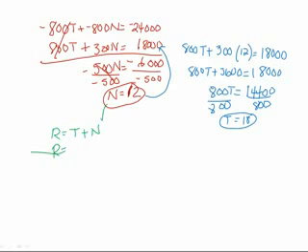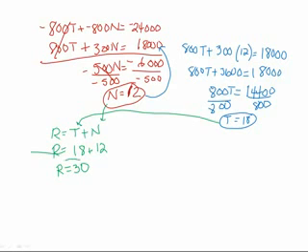This one goes here, and this one goes here. So we have 18 plus 12. So R equals 30. And if you can mental math that, it actually works because it needed to be a total of 60, and it worked, and then of course this one worked.